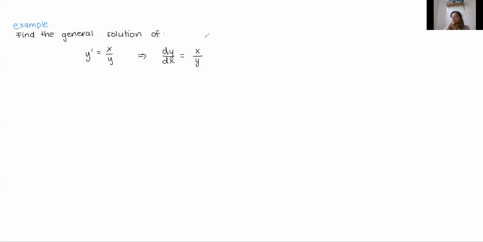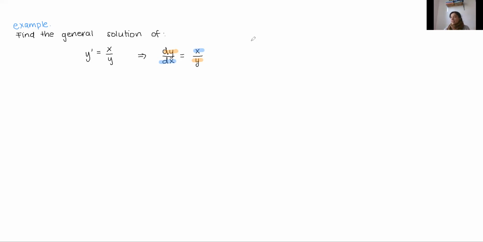That means I should have all the terms that have y on the same side, and all the terms that have x on the same side, so that I can integrate with respect to x on one side and with respect to y on the other.